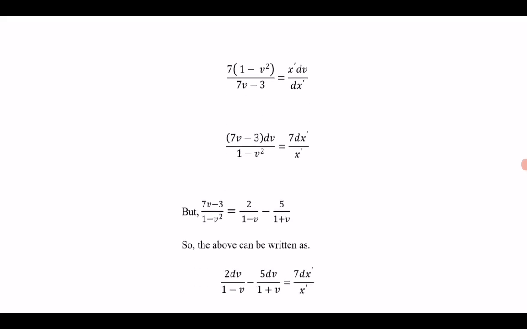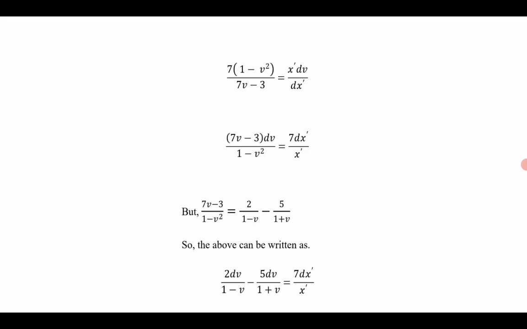Here the equation is in the form of variable separable. Now separating variables, we get (7v minus 3) dv divided by (1 minus v square) equals 7 dx prime by x prime.